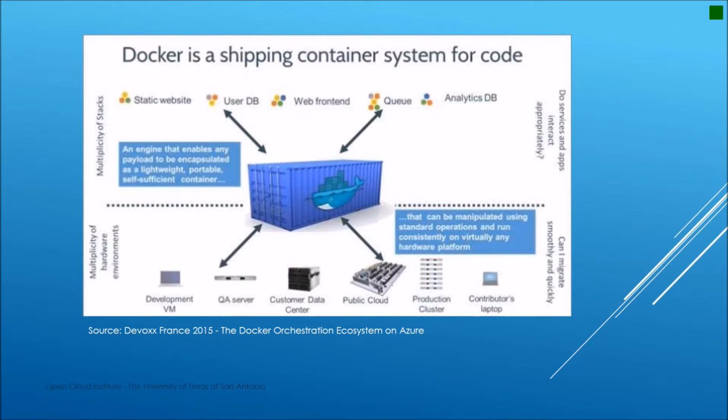Docker is analogous to actual shipping of containers. You put your goods on one end and you tell them where to ship it, and they ship it wherever the destination is. You don't have to know how they do it, and they don't have to know what's in it. It's the same way in Docker: you basically containerize your applications and you put it on the Docker platform.